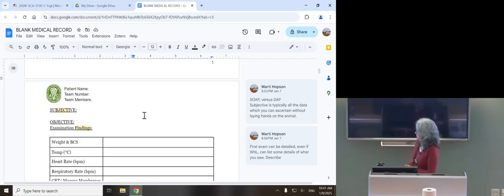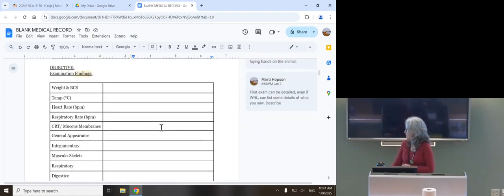Now we're moving into our physical exam, which is where we have our objective data. Okay, so your first exam, generally it would be pretty good to have some detail. Now you're not going to do an entire cranial nerve exam or a full neuro exam or an orthopedic exam, okay? So I don't expect that, but a nice full PE, if the animal will allow it, would be great. If you're putting a lot of within normal limits here, I'm like, great, I get it.